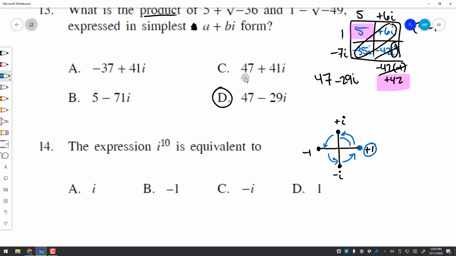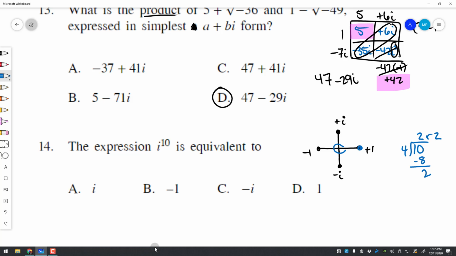And then i to the fifth, we just keep going back around this circle. So could I just count out 10 90-degree rotations? Yes, and that wouldn't take forever. However, if they give you a bigger number, remember we learned a strategy where because this repeats itself after every 4, if I take my exponent and divide it by 4, 4 goes in there twice, which means we go around essentially 2 times, and there would be 2 left over.